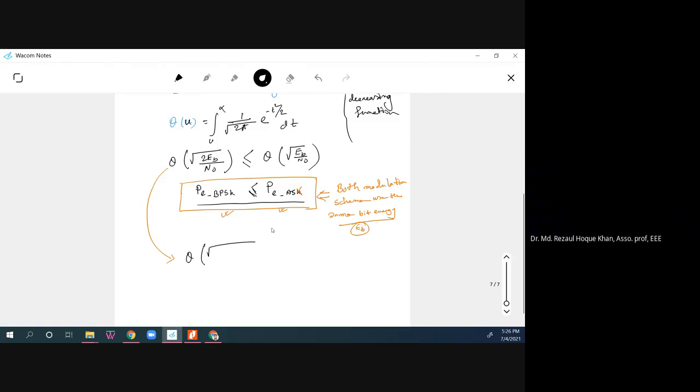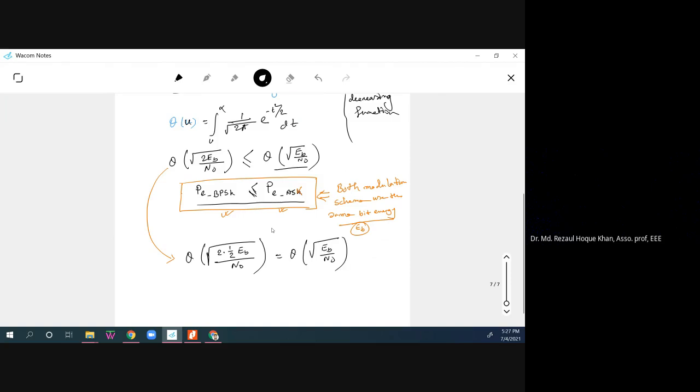I can write the 2 as 2 times half EB by N0, which will be Q of EB by N0.